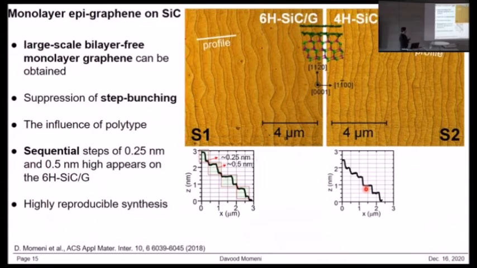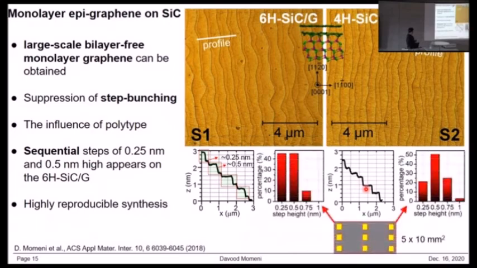So now we can learn a little bit more about the influence of the polytypes. From the histogram made from different scans all over the samples, you can see that in the case of the 6H sample, we have about 90% of the steps and terraces with a height of 0.25 or 0.5 nanometer, while in the case of 4H, we have less than 70% below 0.75 nanometer.